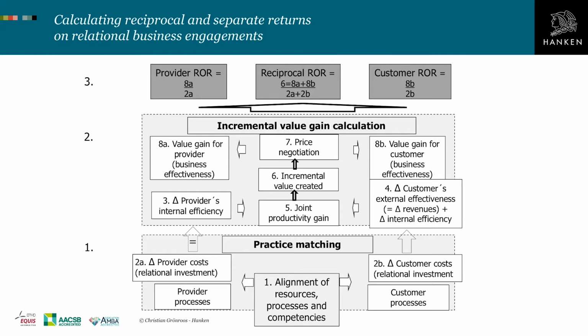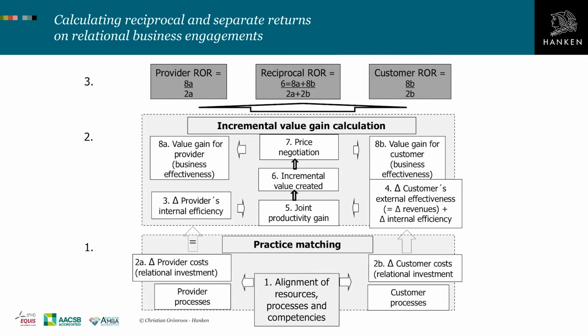Then we can do separate return on relationship calculations. To the left, the provider return on this relationship. Well, it's 8A divided by 2A. That is the value gained for the provider divided by the relational investment in terms of provider cost changes. And then we come to the right, calculate customer return on relationship as 8B divided by 2B.